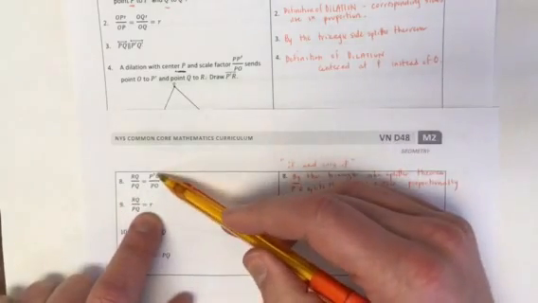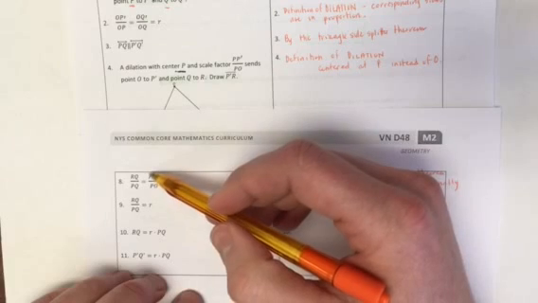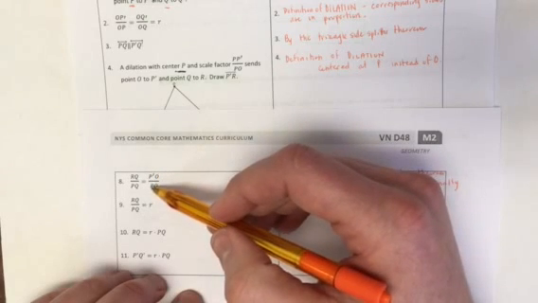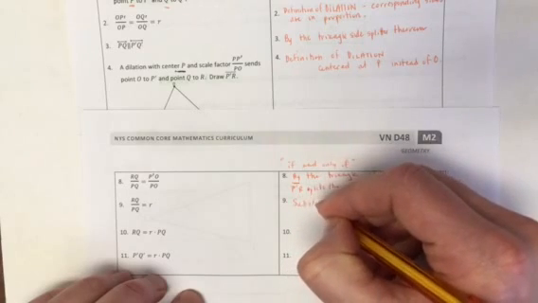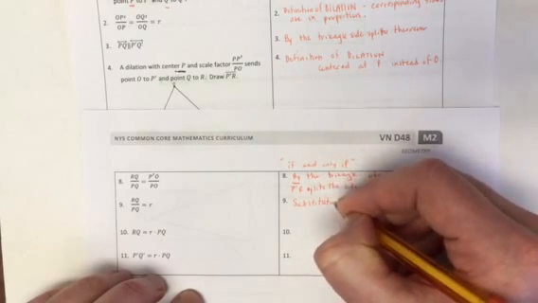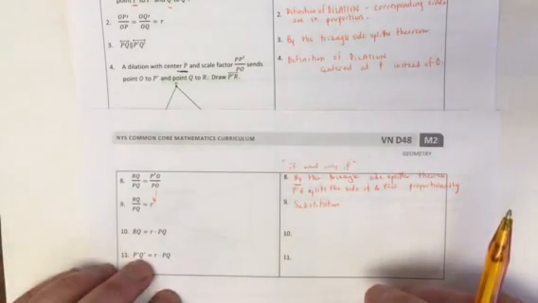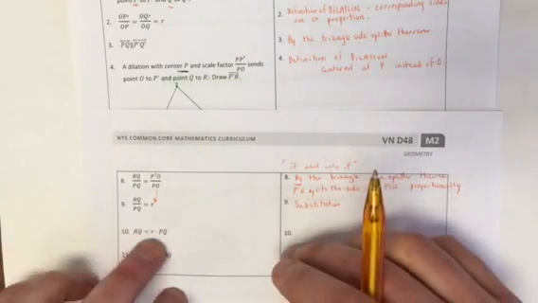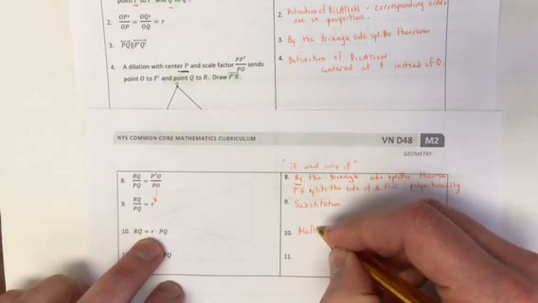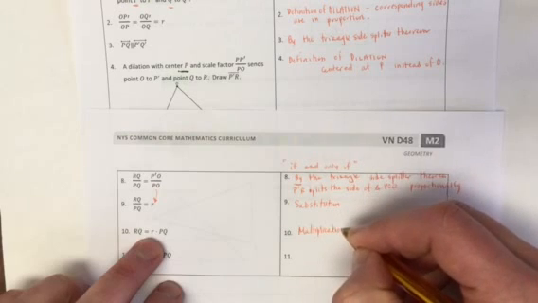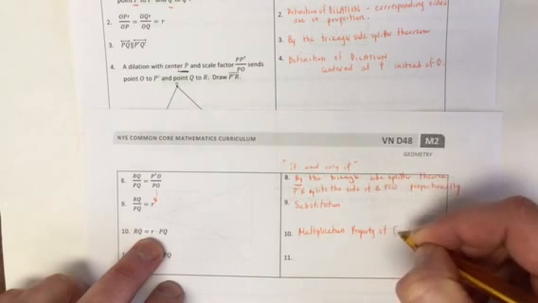We can then substitute. If you look back, you're going to see somewhere we have P prime over O. By substitution, I can replace the R here, which allows me to rewrite this using the multiplication property of equality.